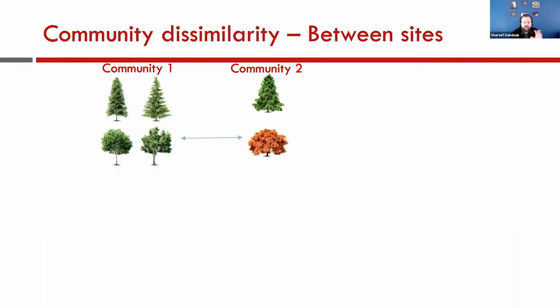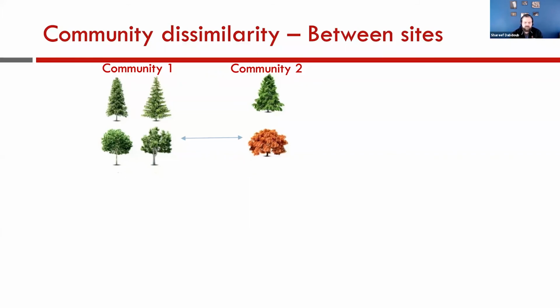So whereas alpha diversity is a within-sample metric, beta diversity, also known as community dissimilarity, is a distance measure between separate samples. So community 1 and community 2 here are like a gut sample versus a hand sample, for example.